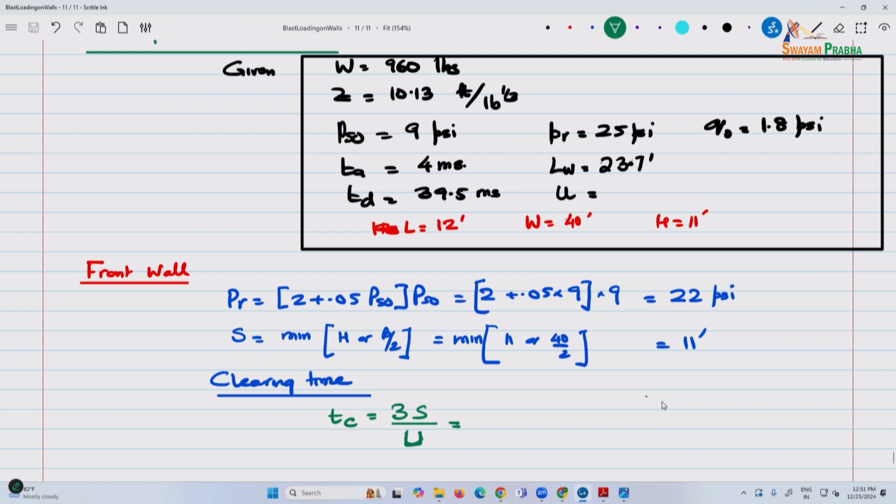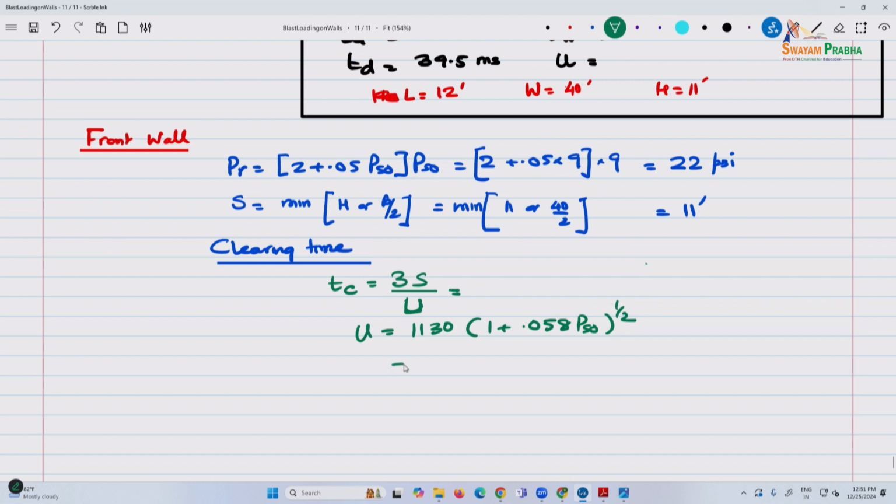U is, so U, and help me with this, please, 1130 multiplied by 1 plus 0.058 PSO power half. So this is 1130 multiplied by 1 plus 0.058 multiplied by 9.